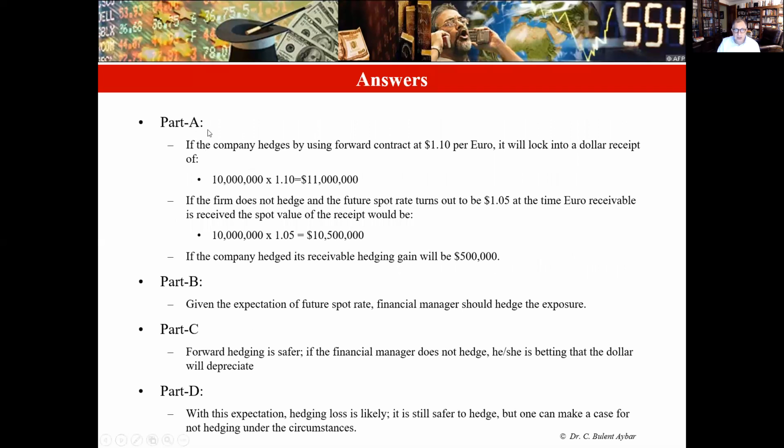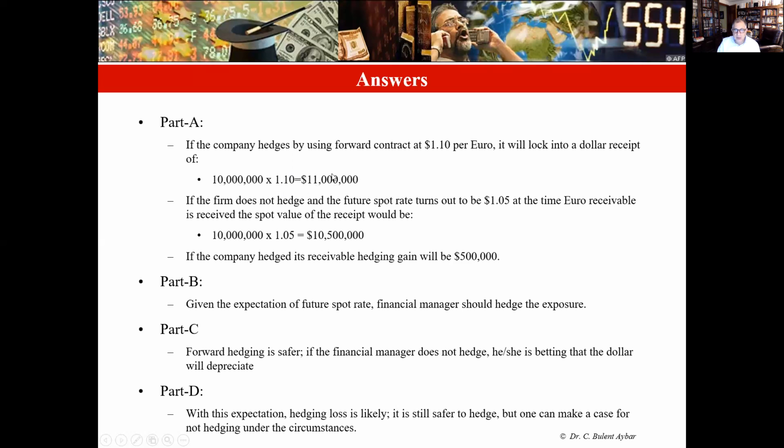So first of all, in part A, as we mentioned, if we enter into the forward contract, the exchange rate of 1.10 will actually lock us to $11 million.